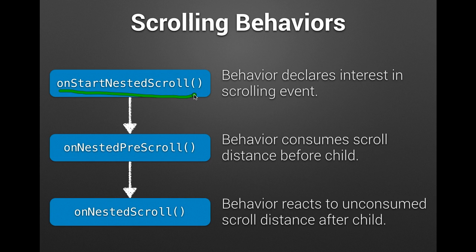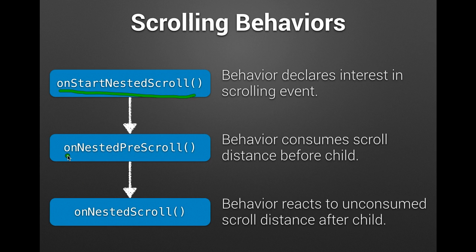The recycler view has started scrolling. That gets dispatched to the coordinator layout, and the layout dispatches that event to all behaviors. Then the behaviors have the opportunity to say yes, I want scrolling events, or no, I don't. If you return true, the rest of these methods will be called. If you return false, you get nothing. Just like touch, custom touch, and all that stuff.